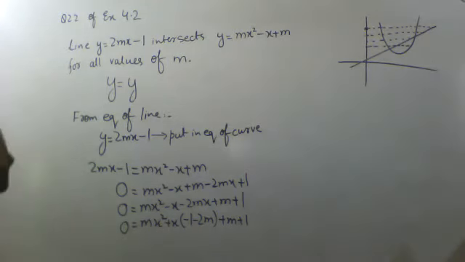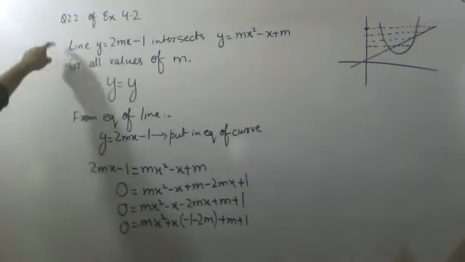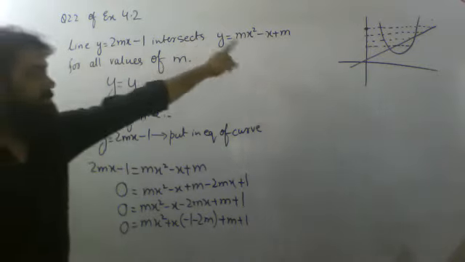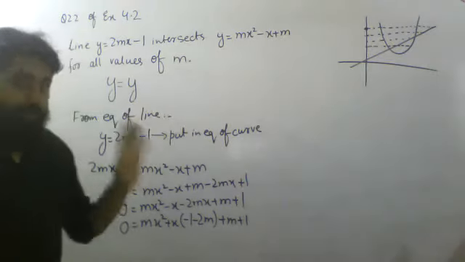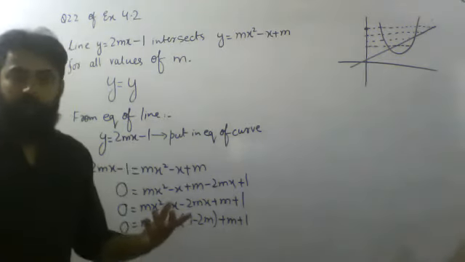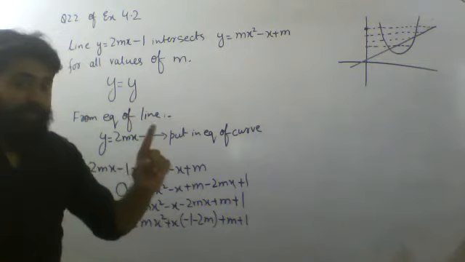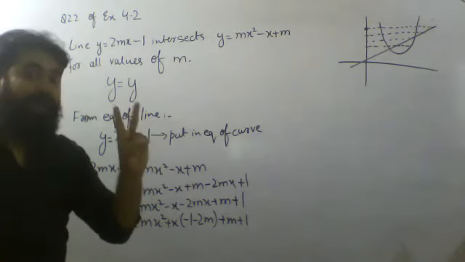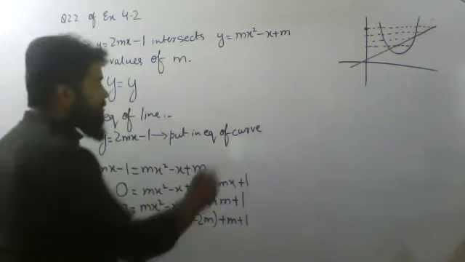So now I will come back to my question. They are saying the line intersects the curve. Intersection is there, but I don't know how many points of intersection there are. Either it is 1 or it is 2. So what will I do?